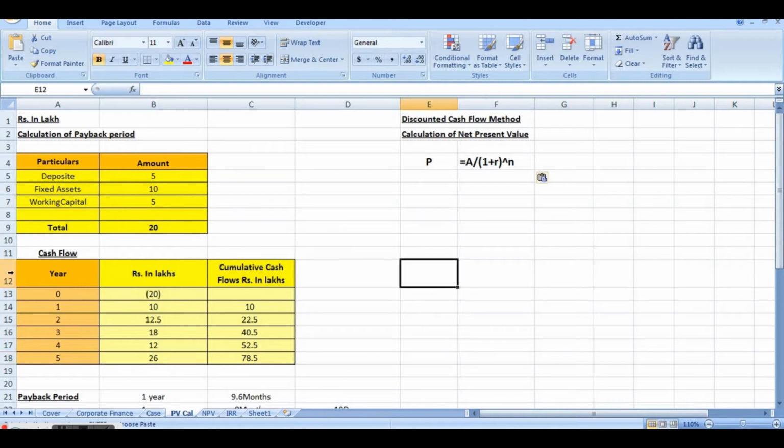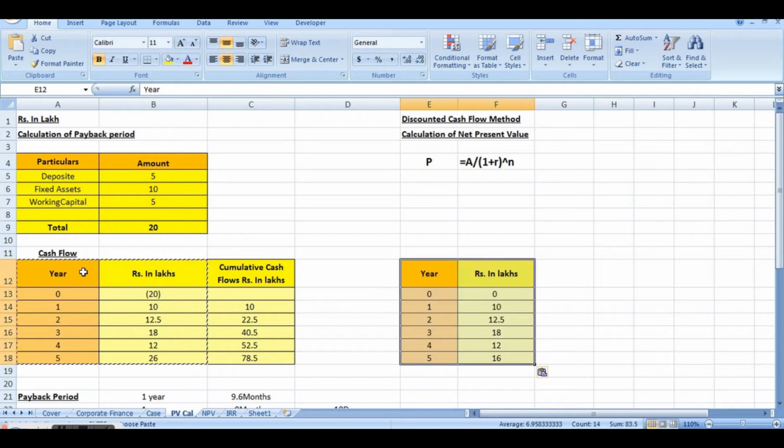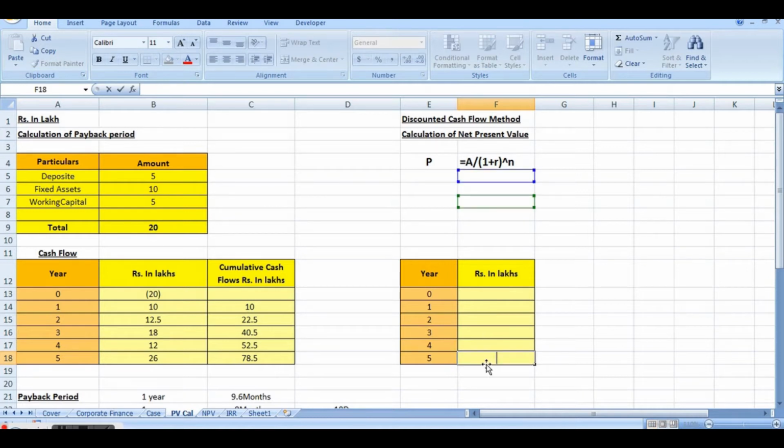So we will keep this as our base data, and based on that we will take the further actions which are required to calculate NPV. Here we will not find the figures appearing correctly, so instead of copy pasting them, we will use referencing, so that if there is any change in these figures, it will automatically take place here as well.